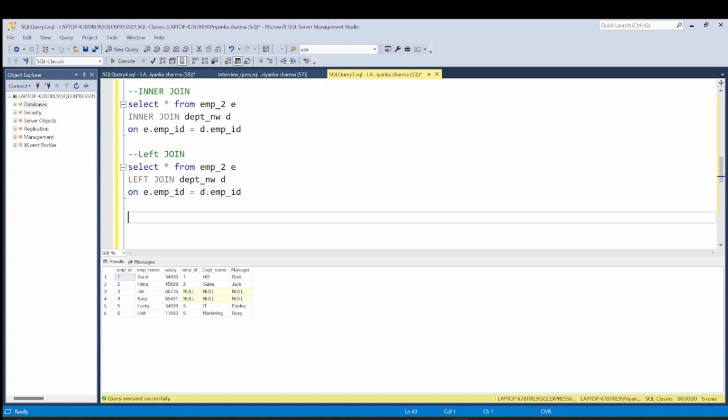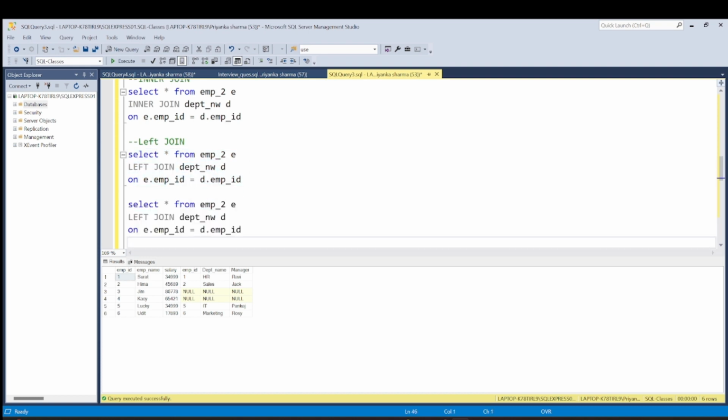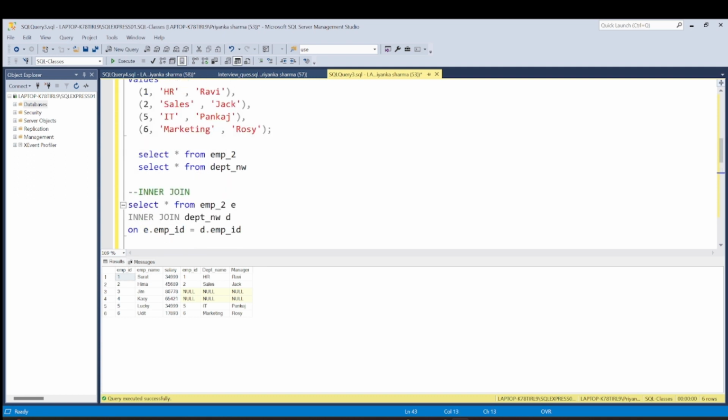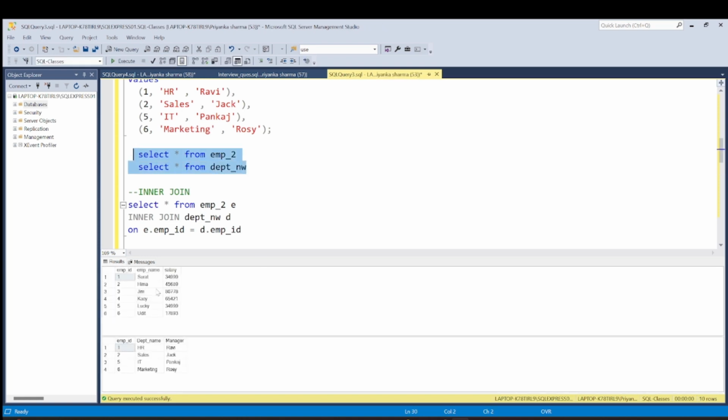Similarly, if I perform the right join, let's perform the right join. So all the values of the right table, right, and the common of the left table.